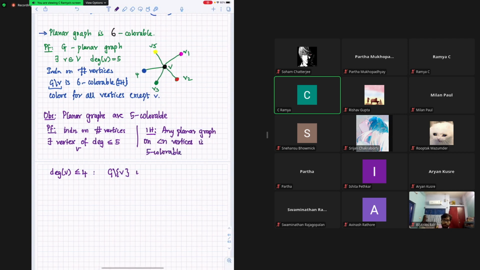So G minus V is on less than n vertices. This is 5 colorable. Now you look at G minus V, and you have to put back V. You know the degree of V is at most 4, so it's connected to at most 4 neighbors here. You give all of them distinct colors, in the worst case, this is like violet.